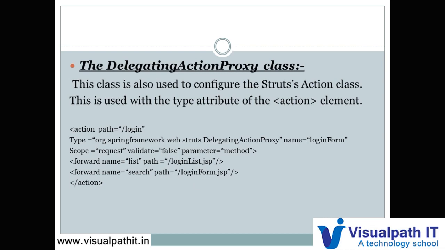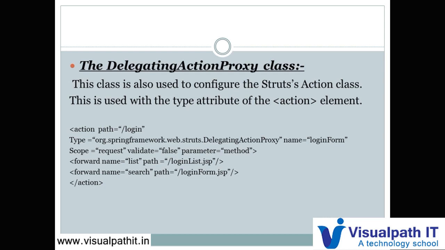The second class is the DelegatingActionProxy class. This DelegatingActionProxy class of the Spring framework is used to configure the Struts action class. It is used with the type attribute of the action element. For example, when we do not want to use the DelegatingRequestProcessor class to configure the Struts action class, we can use the DelegatingActionProxy class with the type attribute of the action element.